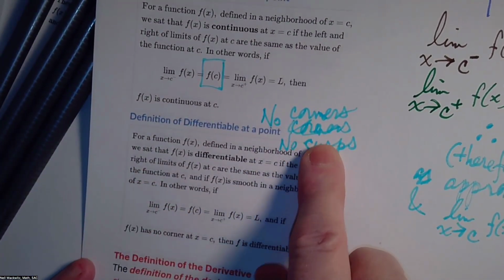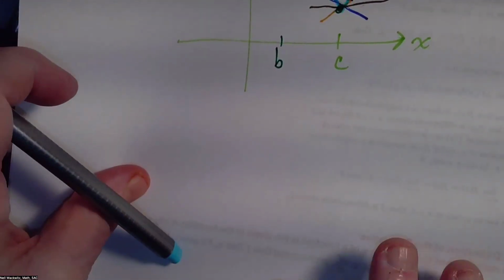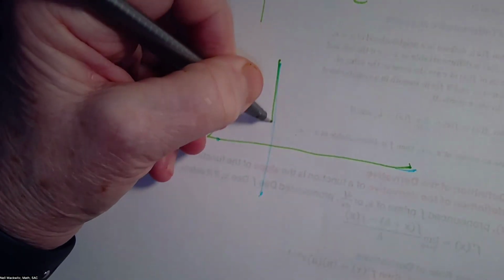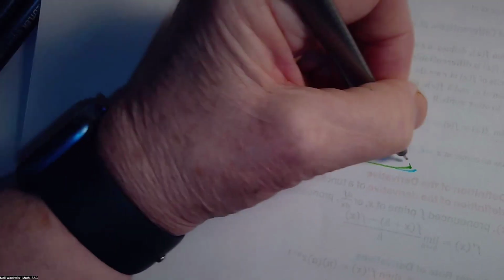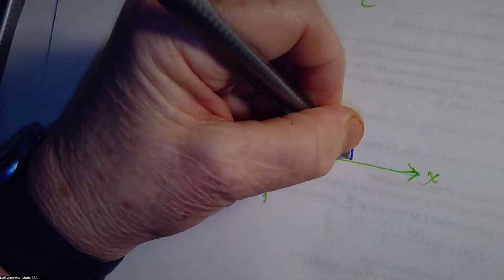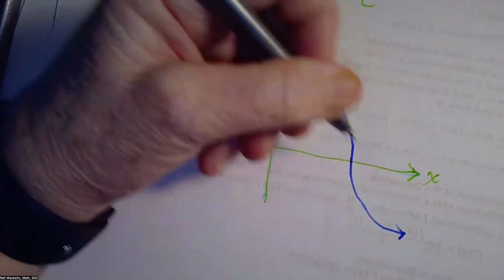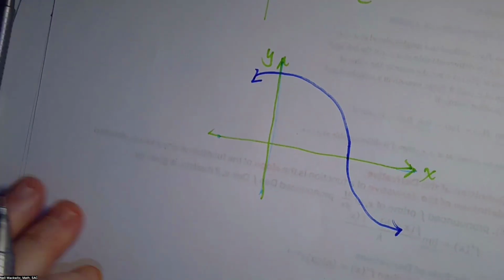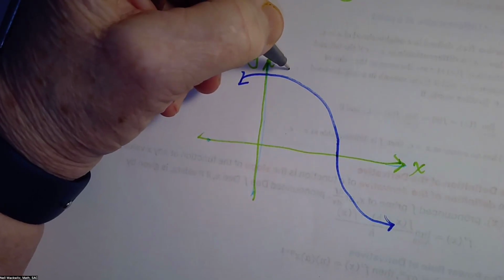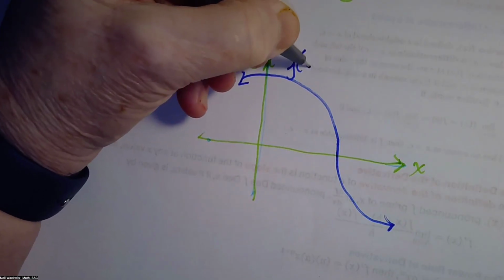Well, let's look at cusps. What in that world could a cusp be? Okay, we're going to call this j. How about j of x?